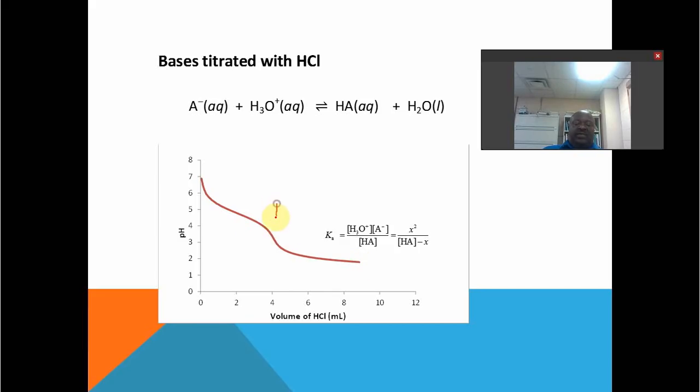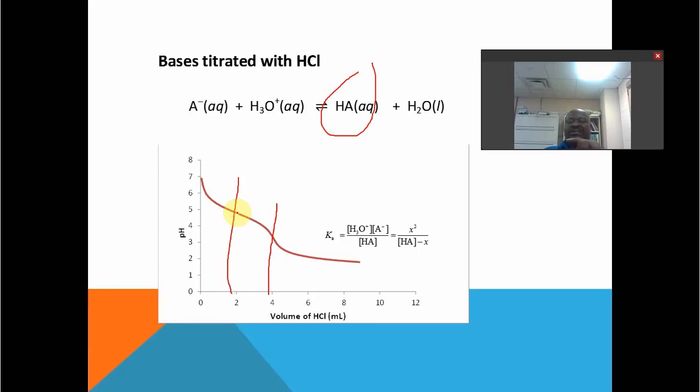What happens, if the equivalence point volume is somewhere here, let's say 4, at the point where the volume is 2? At this particular point, pH is equal to pKa of the acid, because at this point you've converted half of the A minus into HA, and you have equal moles or equal concentrations of the weak acid and the base.